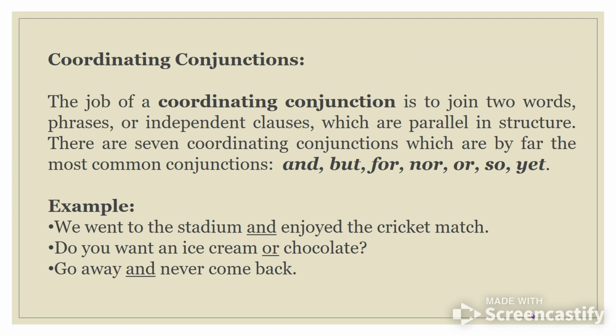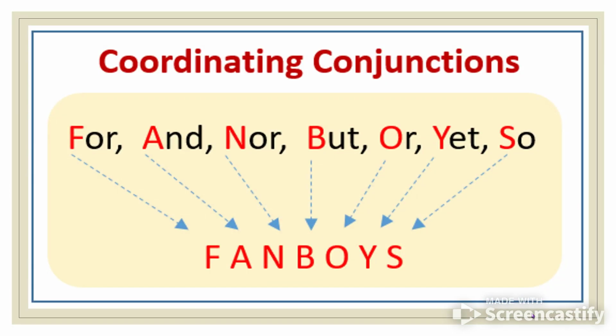For example, we went to the stadium and enjoyed the cricket match. Do you want an ice cream or chocolate? Go away and never come back. So these are the words that are used as coordinating conjunctions. So just remember the word FANBOYS and what word stands for each of the letters there.